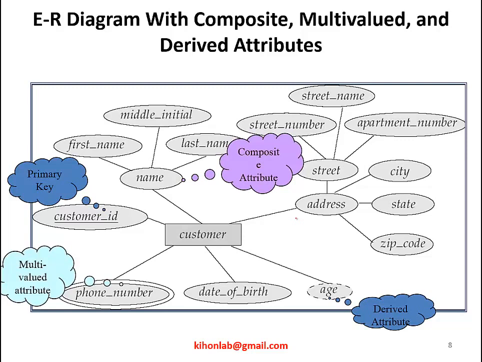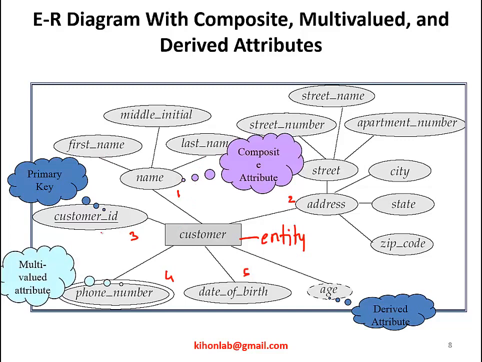Here we can see the ER diagram with composite, multi-valued and derived attributes. You can observe the entity customer. This entity can be converted into tabular format, which contains attribute number 1, attribute number 2, up to attribute number 5. Here you can observe a composite attribute: name, which can be subdivided into first name, middle name and last name.